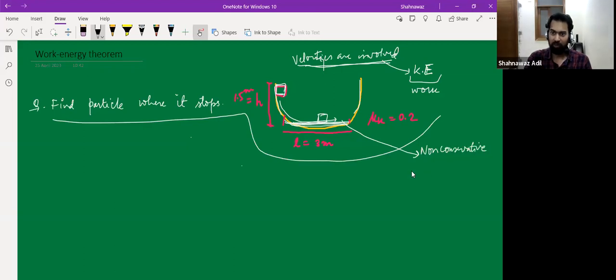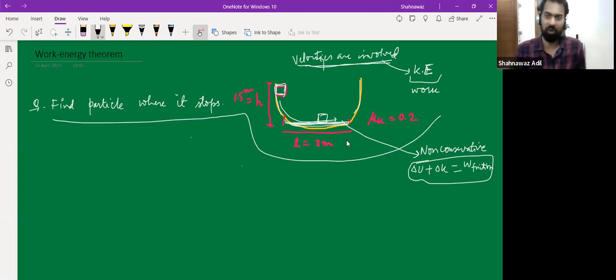So it can be solved from this, but we have to apply work done by frictional forces. Whatever method you feel connects to this problem, whatever application we can use, that will solve our problem.